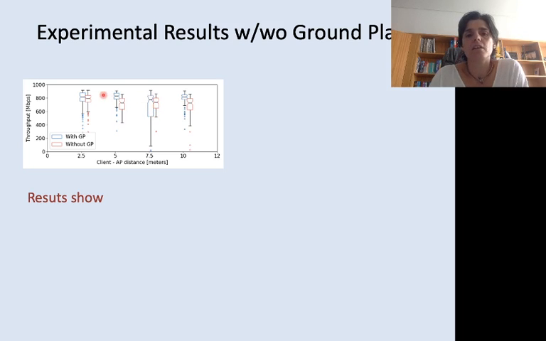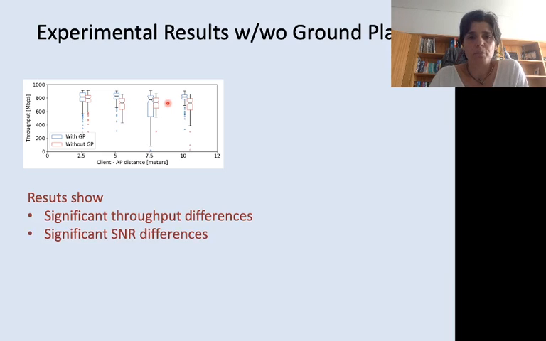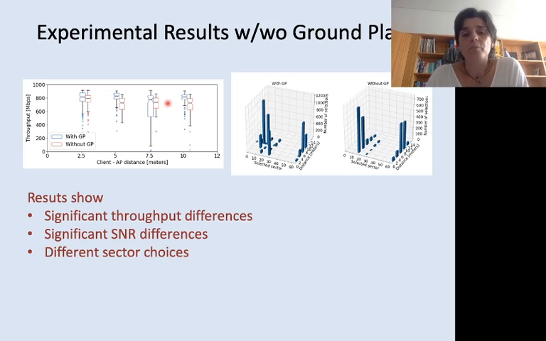So there is an increase in the performance of the link if you are using the ground plane. I'm not showing it here, but in the paper, we also did a paired test on measured SNR values in both cases, and you can also see a significant difference, so higher received SNR in the case with ground plane, but it's around 1 dB.